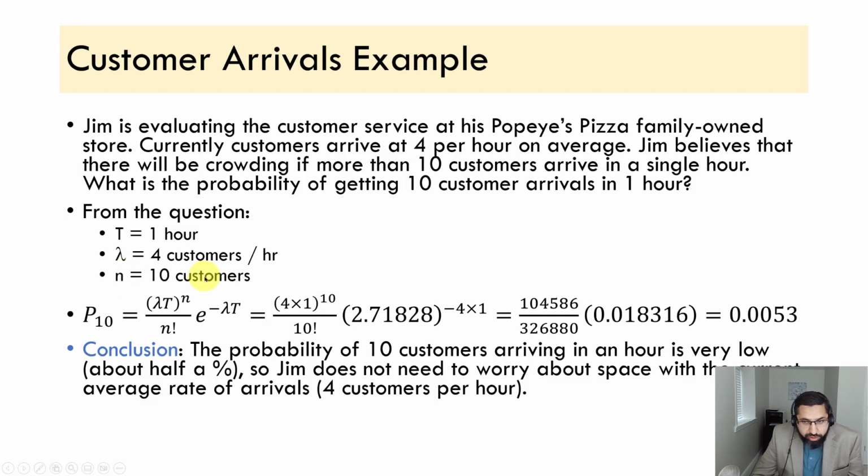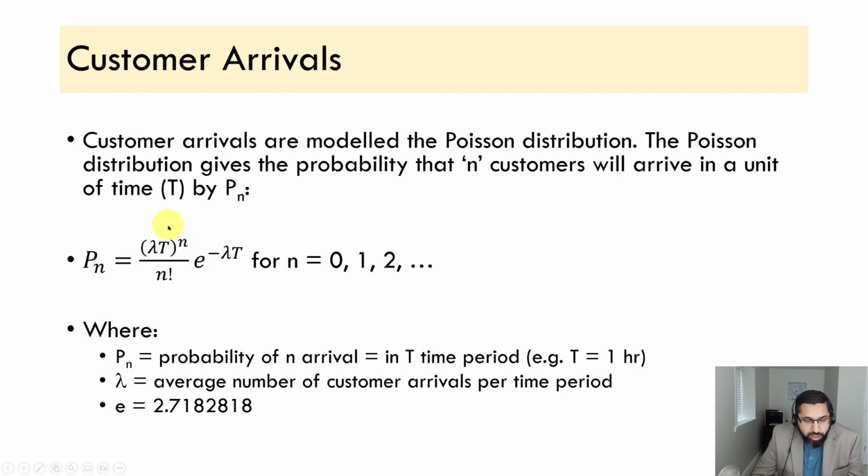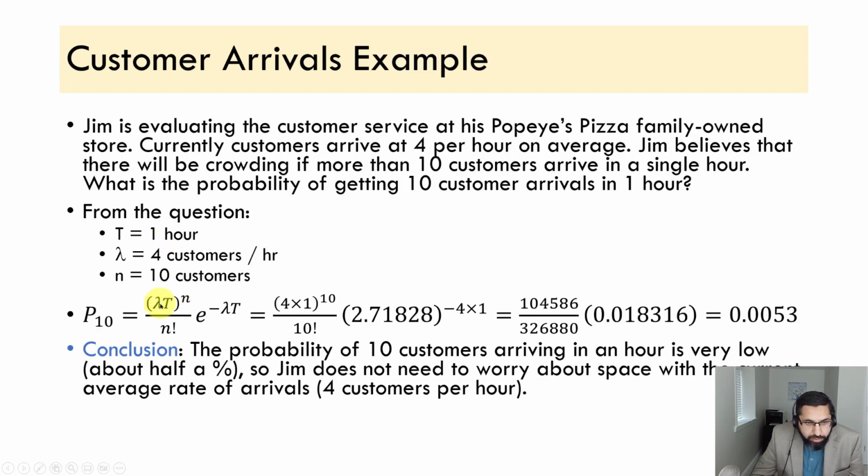N is 10. We want to find the probability that 10 customers arrive at this facility. So we'll just plug into this formula that we got from this slide for the Poisson distribution. Lambda we plug in 4, t is 1, n is 10, e has the value we already saw, and when we solve this expression, we get 0.0053.